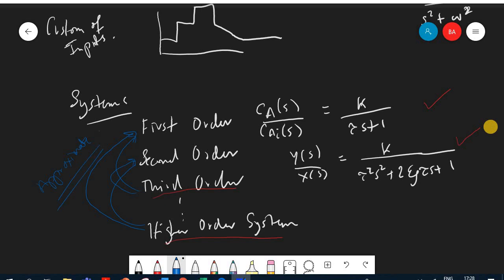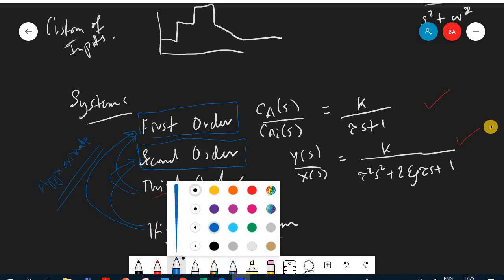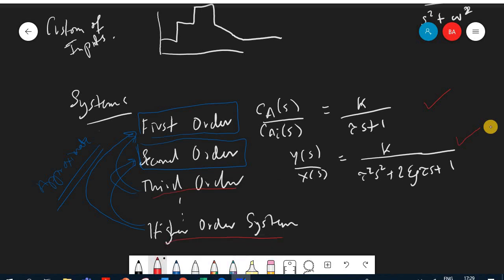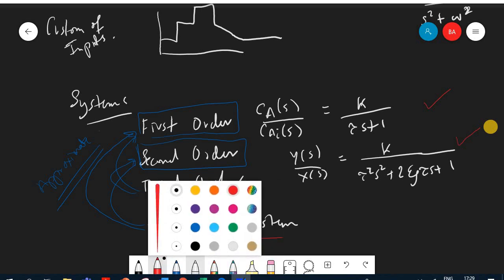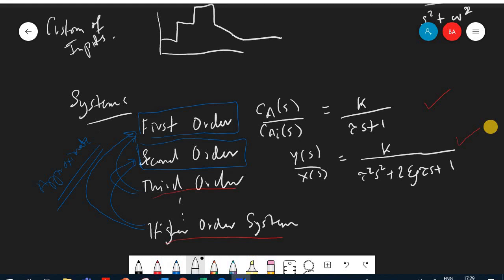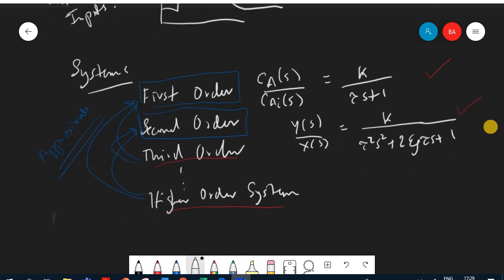Because if we study first order and second order, it's good enough for us. If I have a higher order system, I can always approximate it to a first or a second order. That is the beauty of what we can do here. So we can approximate things.